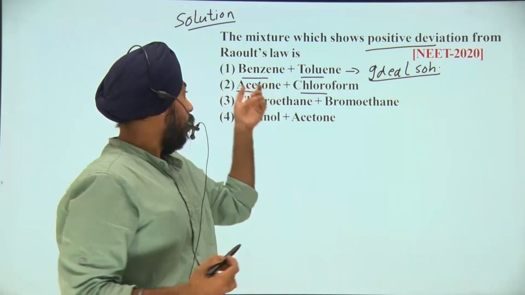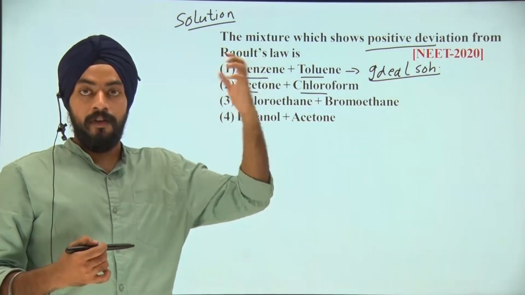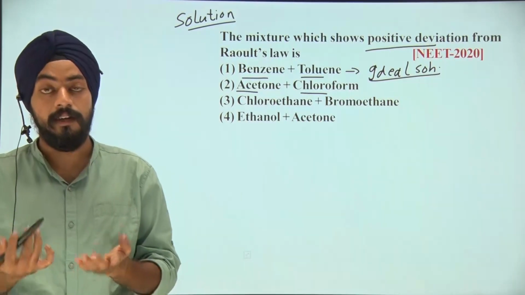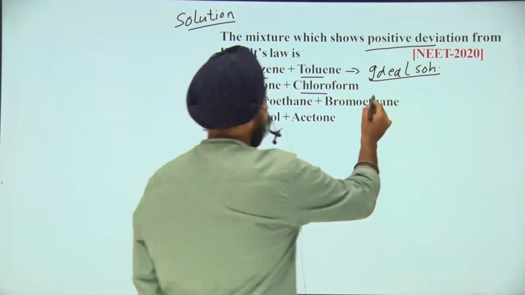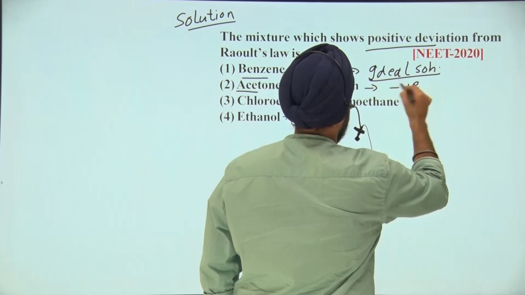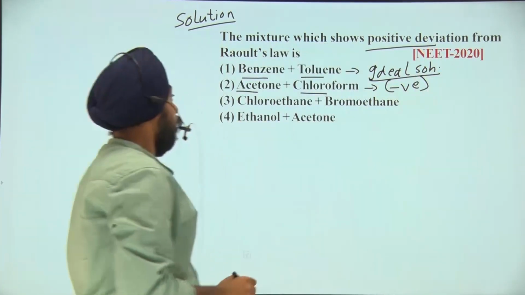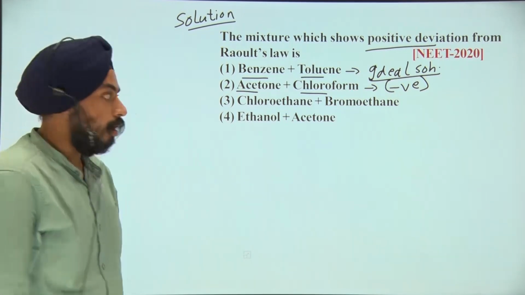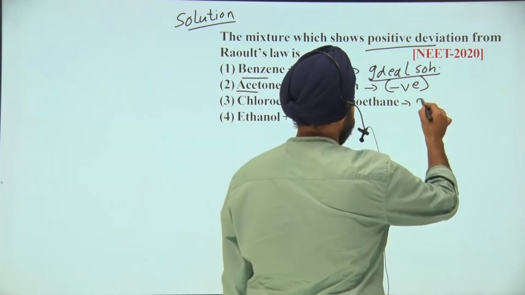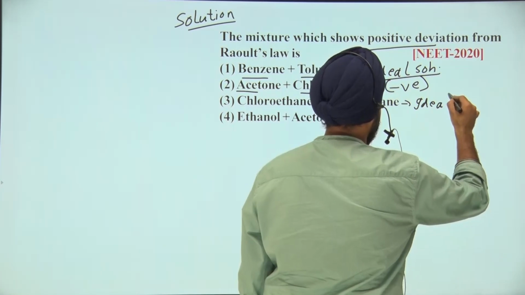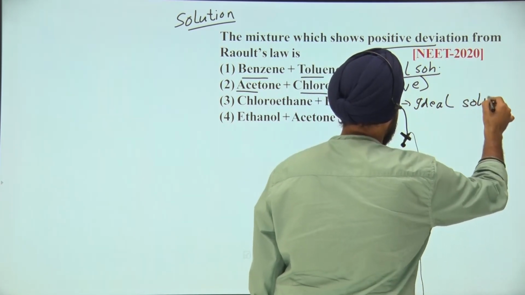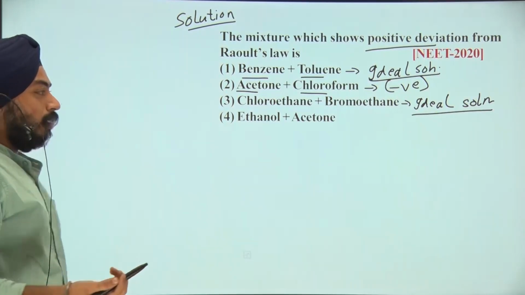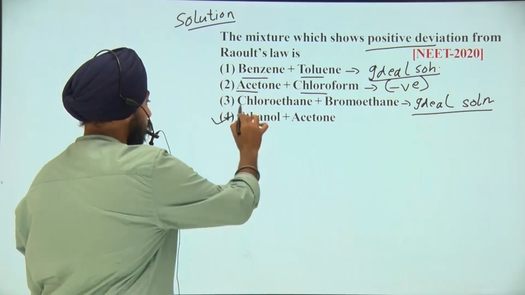This is an example of negative deviation. The third one is chloroethane and bromoethane. Again, this is an example of ideal solution, so this won't show any type of deviation. So we have only one option left, so this will be our option.